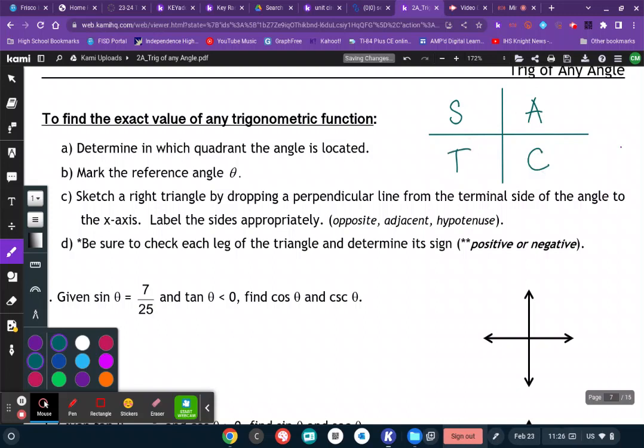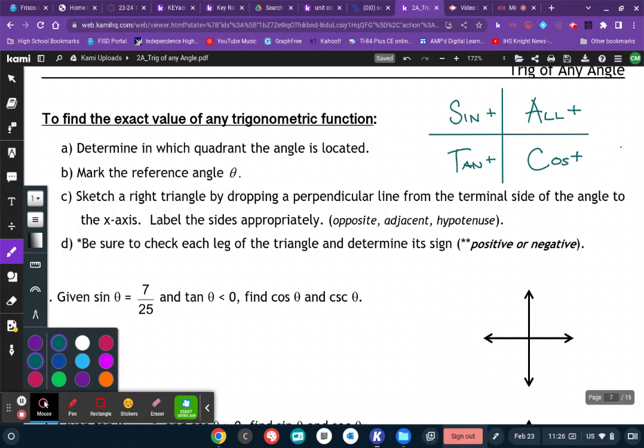That is to help us remember where the trig functions are positive. All of them are positive in the first. Sine and its partner are positive in second. Tan and its partner in the third. Cosine and its partner in the fourth.